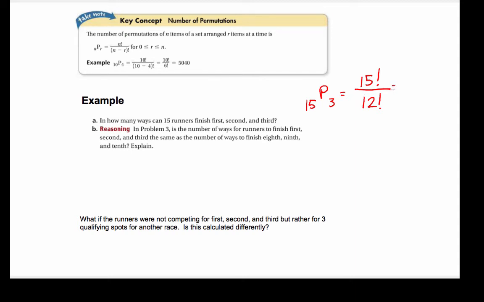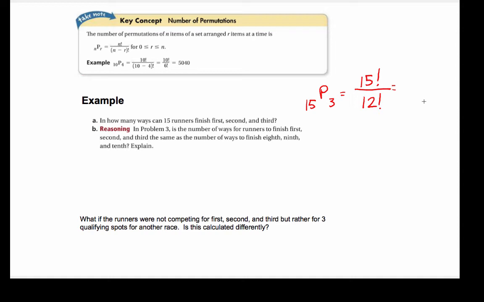I just want to show you briefly how you could do this without a permutation or combination button or without a fancy calculator. Really, you could even do this by hand. It might seem crazy, like how can I multiply 15 times 14 times 13 times 12 all the way down to 1 and then divide that by 12 times 11 times 10 times 9 times 8?